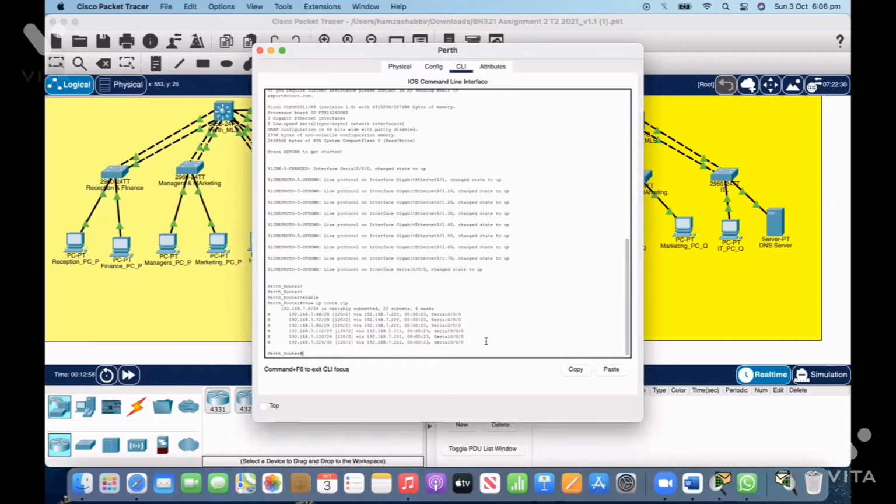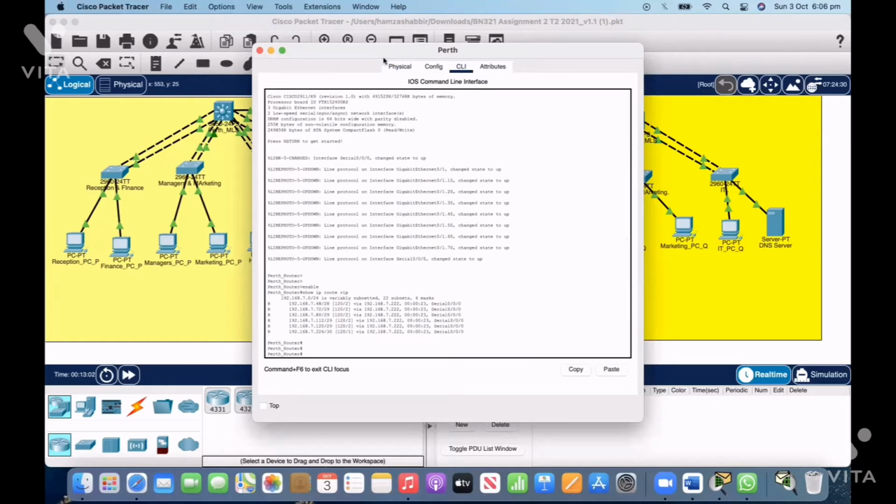This is the routing protocol we are using for the Perth branch. And we have also done the VLAN configuration and inter-VLAN routing.